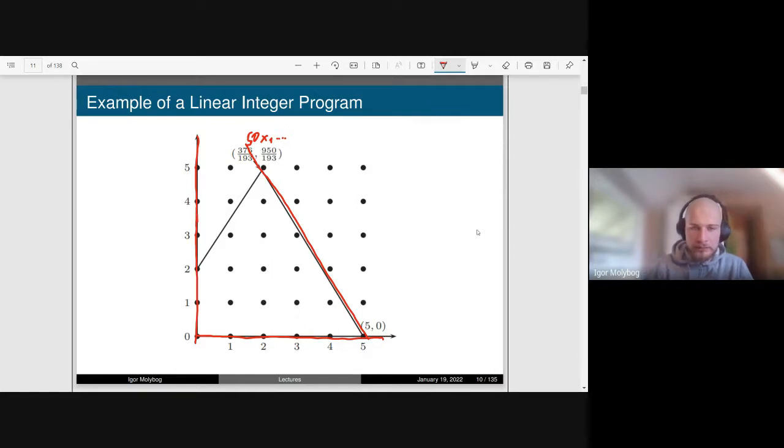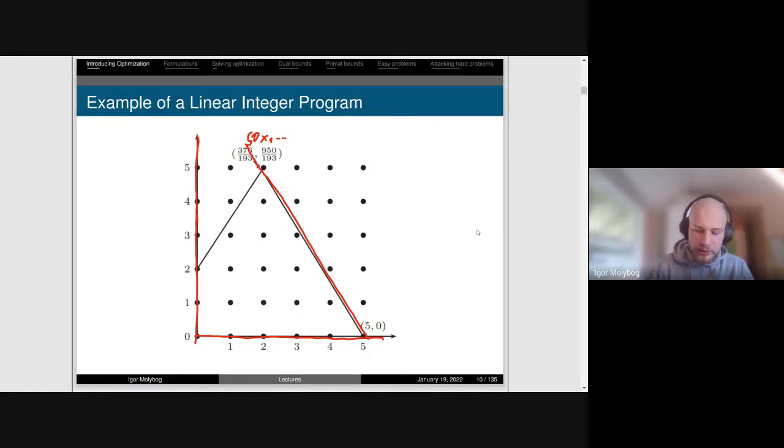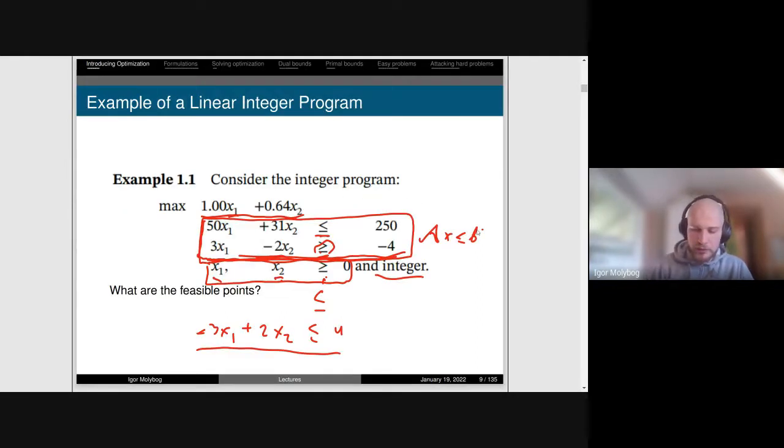How do I know that it's below? I can just substitute 0 and see whether 0 satisfies this condition over here. Would anyone answer that question? If I substitute x1 is equal to 0 and x2 is equal to 0.